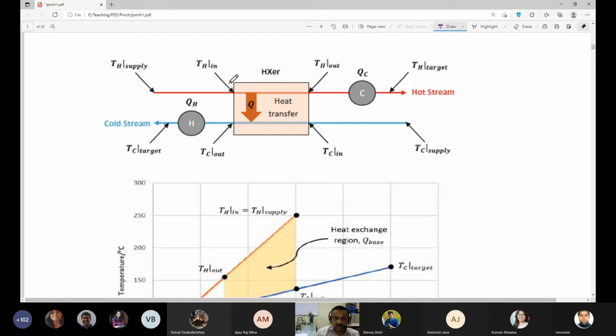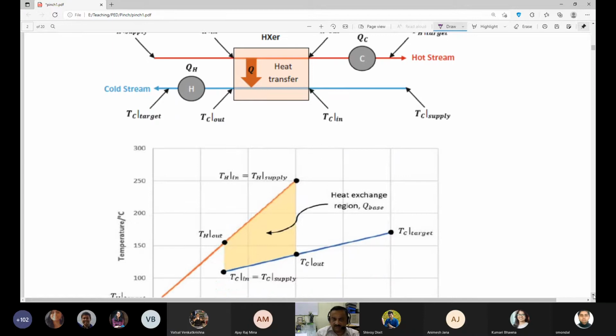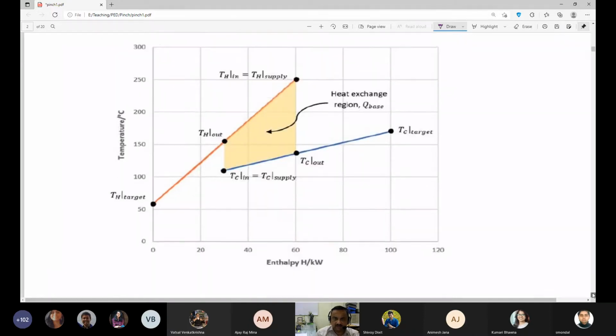Here you have an inlet temperature, and here an outlet temperature. This is how the hot stream travels from TH in to TH target, whereas the cold stream is supplied here, and we can assume TC supply is equal to TC in, and it is getting heated. This was the plot that we have generated.